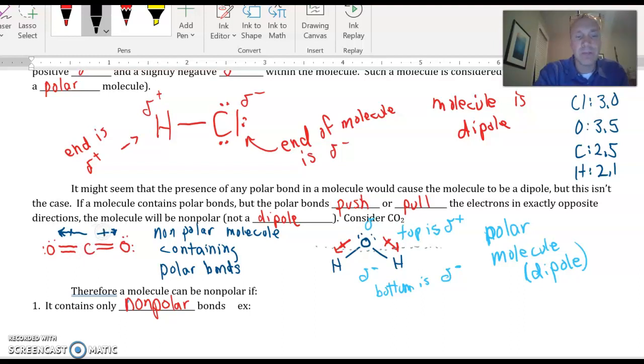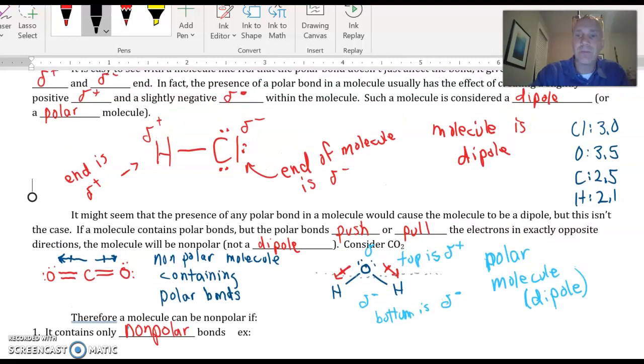You've got electrons being pulled more towards the oxygen. I've copied some common electronegativity numbers and put them here. Carbon is 2.5. Oxygen is 3.5. And if you calculated that difference in electronegativity, it would be 1.0, and that is in the range where this would be considered a polar bond.